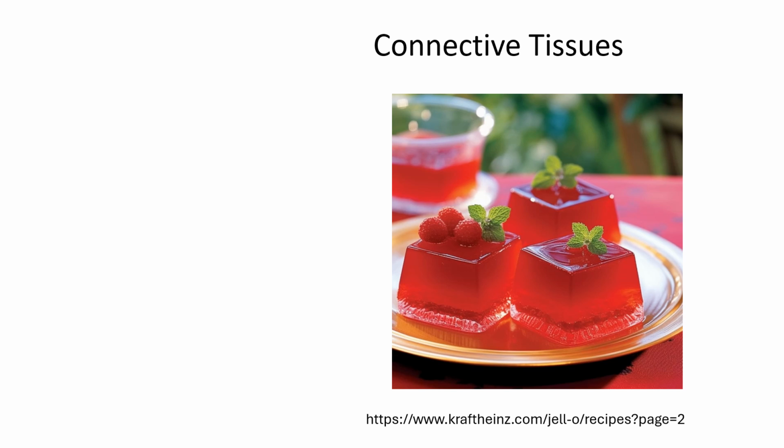The cells in connective tissue are various, and we can have things like mast cells, fibroblasts, osteocytes, all cells that we will slowly get to know. But this is like a jello mold here with different kinds of fruits in it. The fruits are like these specialized cells suspended in the gelatin.